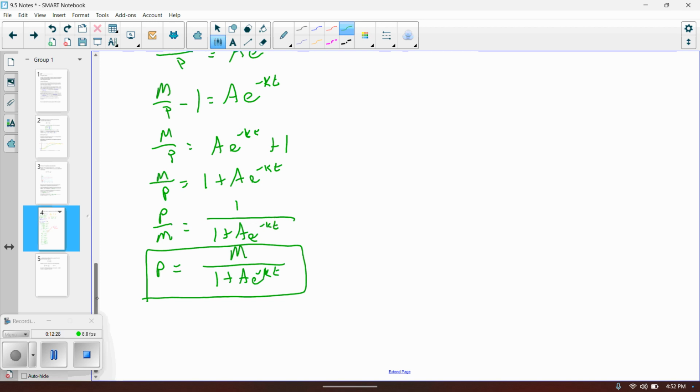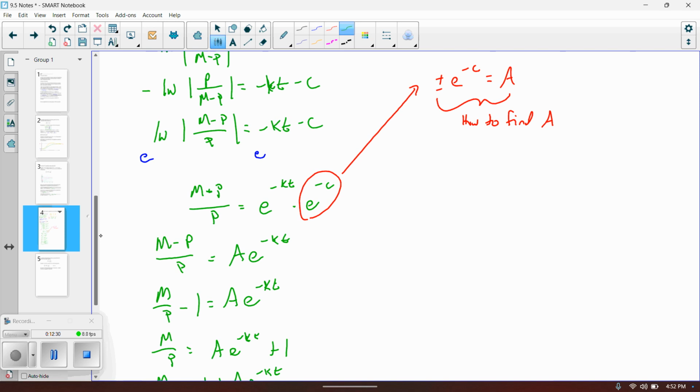All right, but how do we deal with this a? What is this a? How do we find this? We know that technically it's the plus or minus e to the negative c. That's part of what we just defined it to be. But what is that? Well, the way you find a is that if your population equals your initial population, so basically if we say, okay, we're going to let the population be our initial population, well, if that's the case, then the time t is 0, correct?